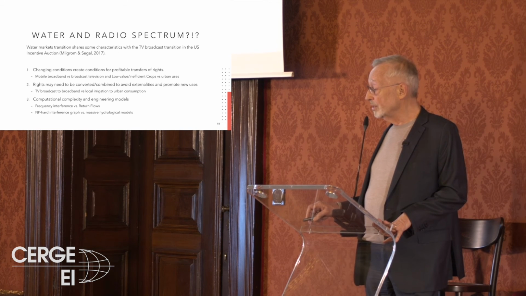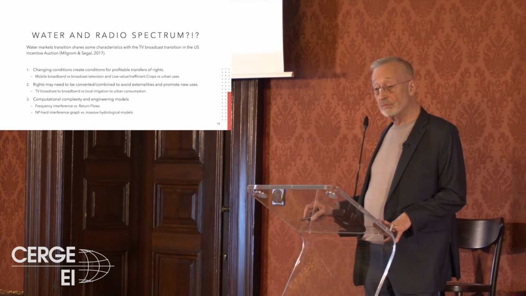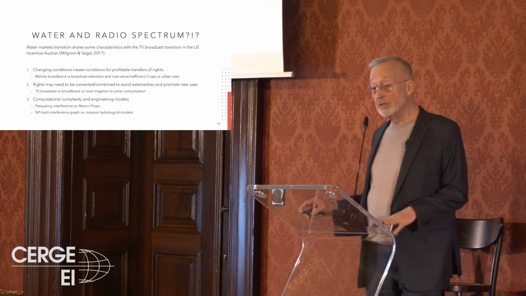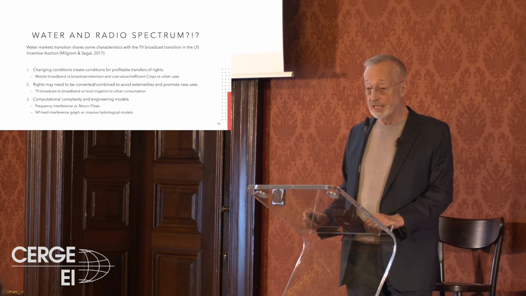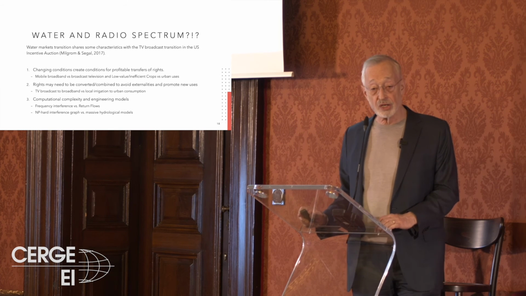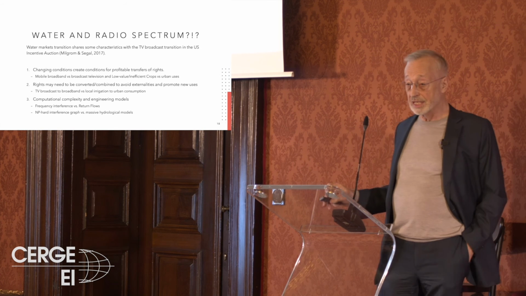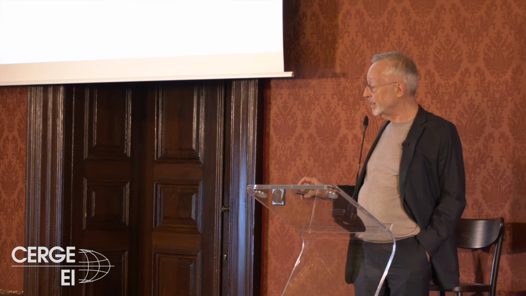I'll show you frequency interference versus return flows. I will show you what we did about interference for broadband, and I'll speculate about what we can do with hydrological models to improve the use of water to create markets for water. And I'll show you in a moment how all of that operated.